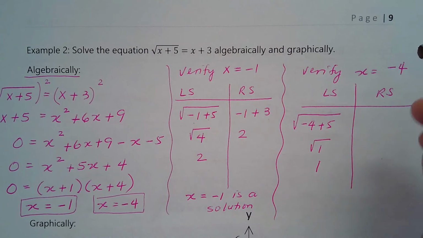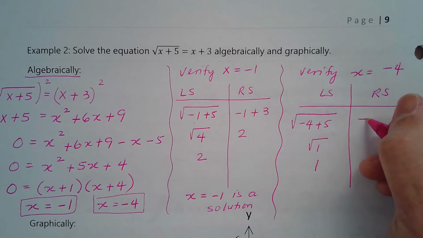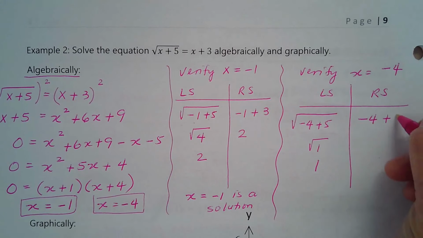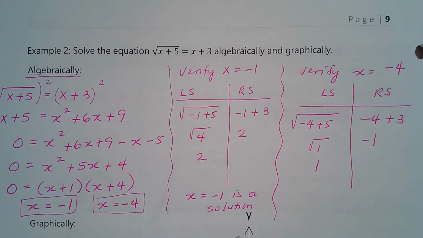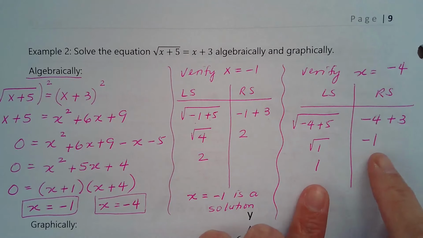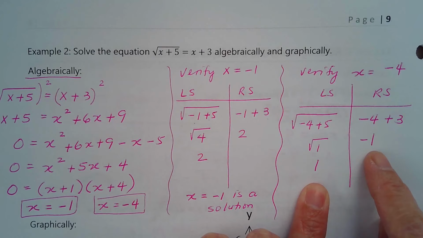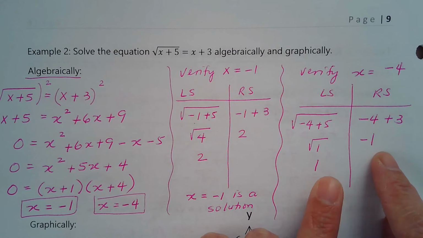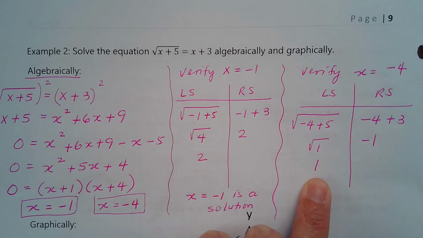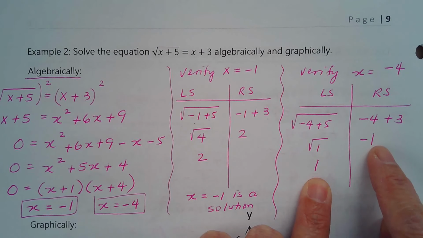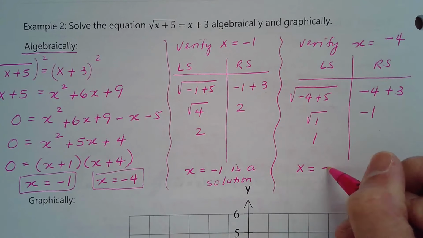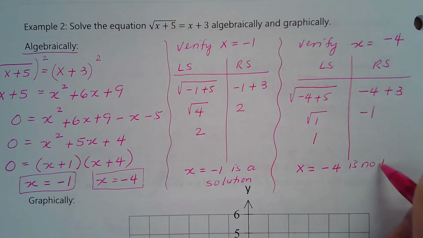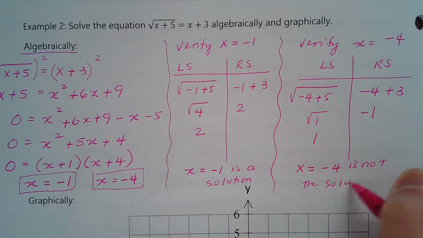What about the right side? -4 plus 3, that's gonna give us a -1. Uh-oh. No, we have a problem here, because the left side is not equal to the right side. So what can we say? Yeah. So x equals -4 is not the solution.